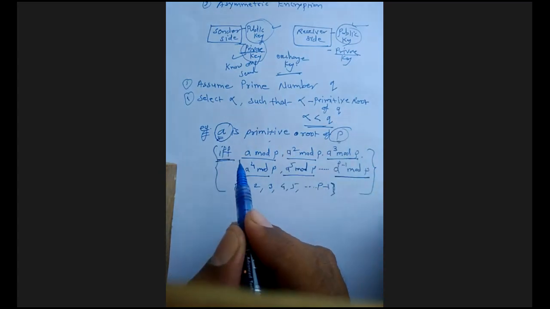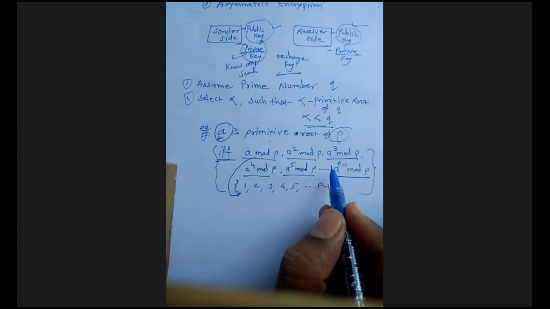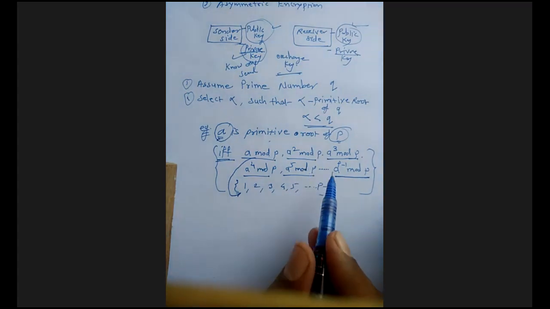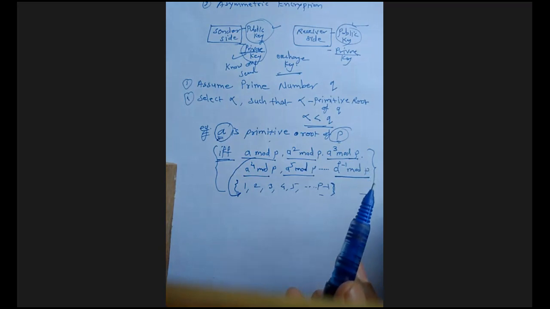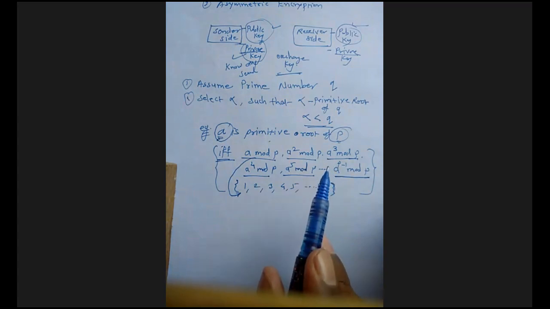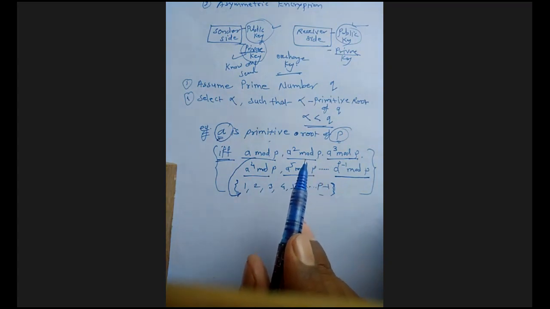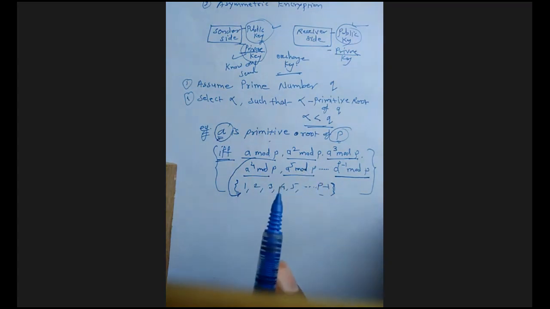If and only if A mod P, A square mod P, A cube mod P, going up to A raised to power P minus 1 mod P, the outputs are 1, 2, 3, up to P minus 1. Then and only then you can say it is a primitive root of P. Understood? The remaining part of this algorithm I will explain with the example in the next lecture.